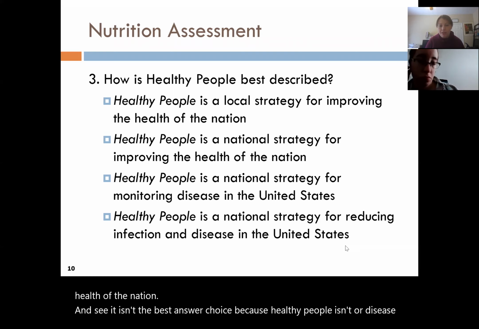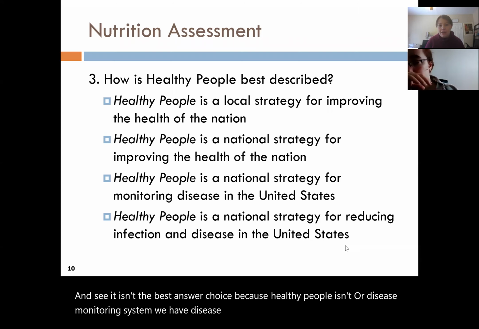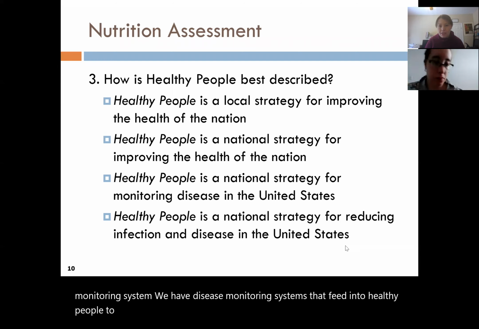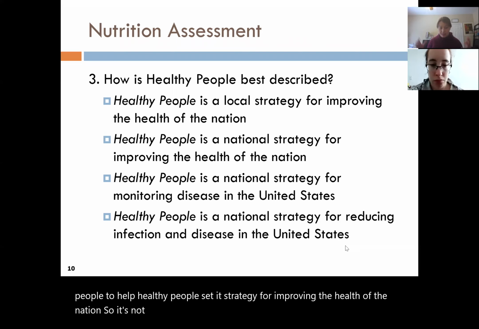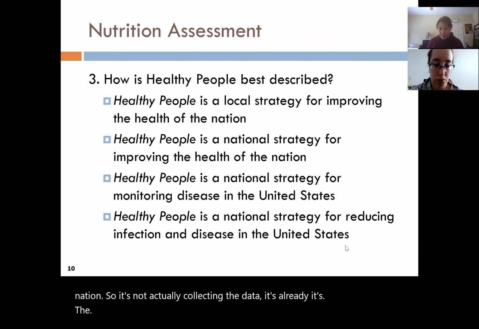We have disease monitoring systems that feed into Healthy People to help Healthy People set its strategy for improving the health of the nation. So it's not actually collecting the data. It's the interpretation and application of data.